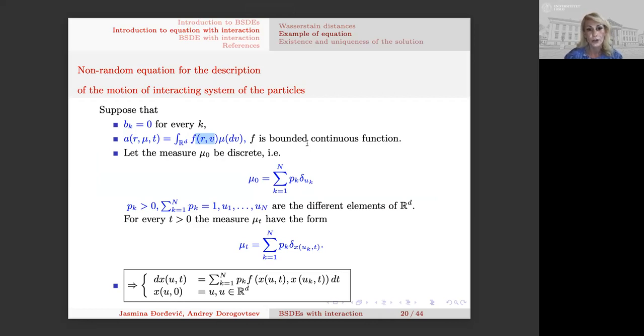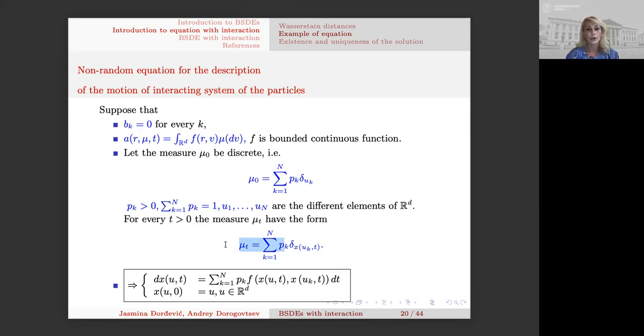Furthermore, let the initial measure mu0 be discrete, given as a sum for k from 1 to n of p_k delta_{u_k}, where p_k are positive probabilities, and u_1 to u_n are different elements from R^d. Then the measure mu_t, as the image of the initial measure under the solution x at some moment t after moment 0, is given with this sum.